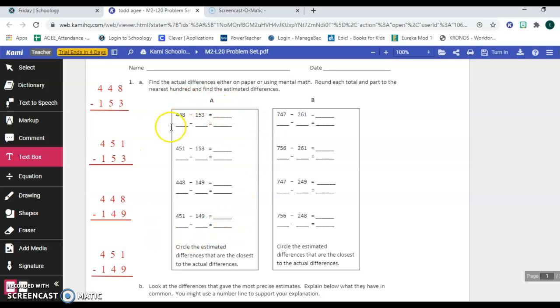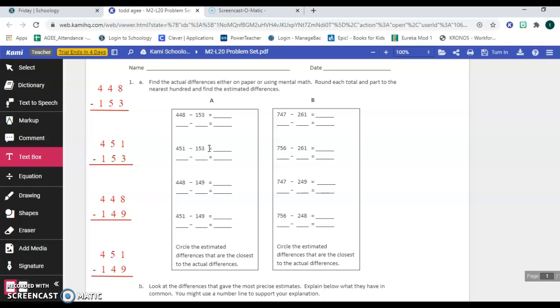Here in column A, all the problems are roughly 450 minus 150, and they're showing us when you round one of the numbers down and one of the numbers up, you'll get an estimate that's closer to the actual answer. But if you round them, like in this example, 451 minus 153, they're both going to round up to the nearest hundred. The estimated difference is going to be far away from the actual answer. And so that's what they're trying to illustrate here.